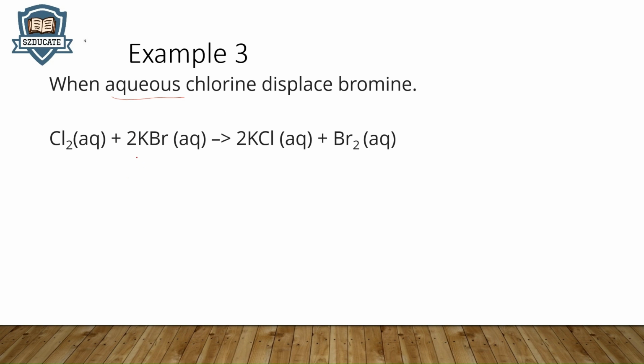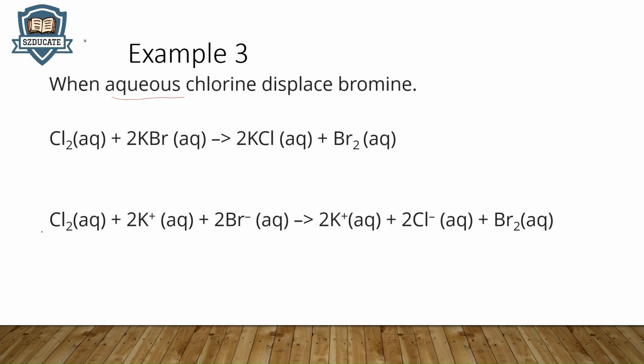Okay, now let's continue. Same thing, those that are aqueous, you have to split, but only ionic ones. Chlorine gas is a covalent compound. Even if it's aqueous, we keep it as it is.